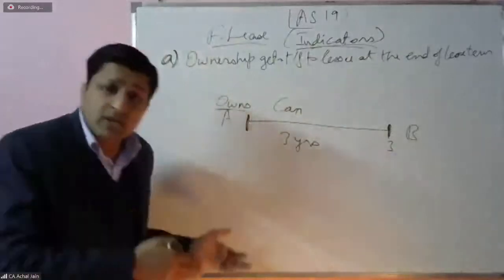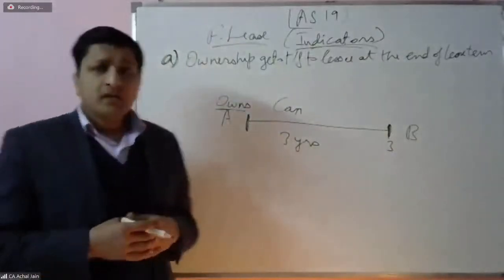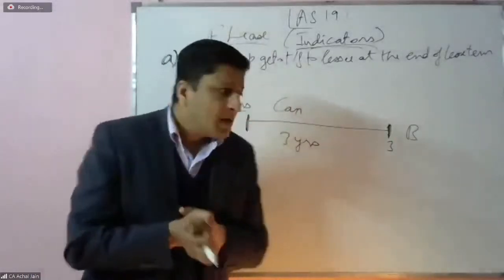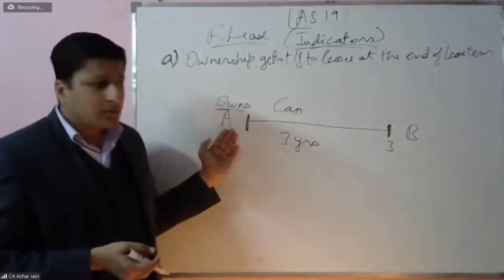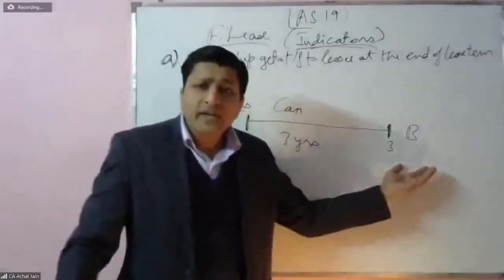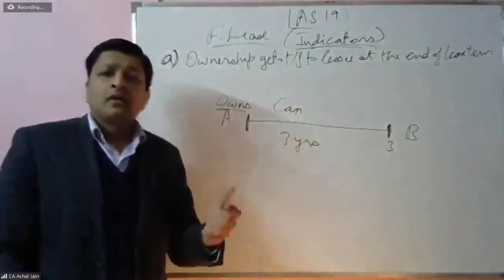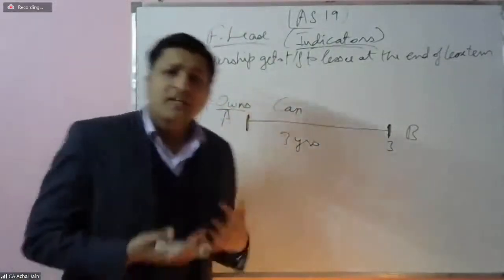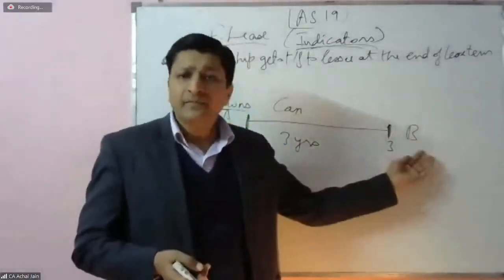So in this case, you will be saying the same point that, sir, effectively it's a sale transaction only, because over 3 years, when A is the owner, the asset is with B. And after 3 years, B becomes the owner. So effectively, risk and reward has got transferred to B only.